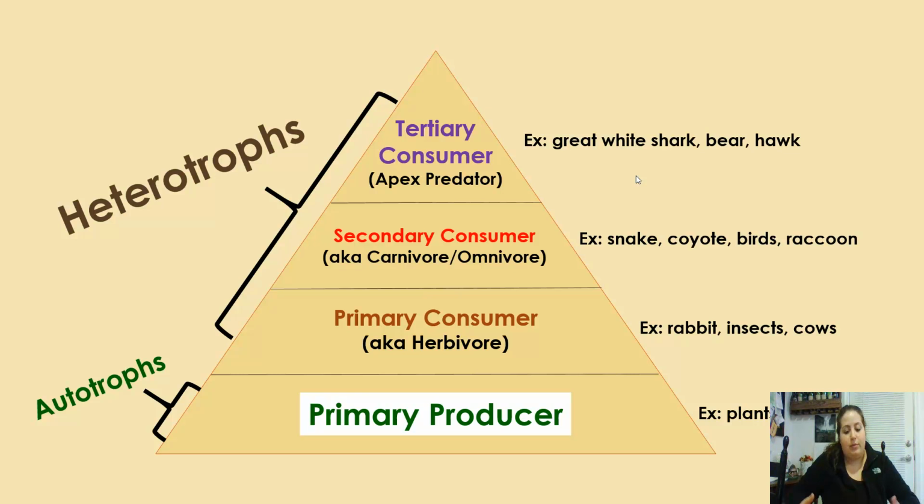But then as we dwindle down, we're losing energy in the form of heat. Because every time we move, every time we do anything inside our bodies, we're producing heat as a byproduct. Same with all of the animals and the consumers. So we're losing energy to heat, and that's why it looks like a pyramid instead of a box. Every time we move from one level to the next, we lose a little bit of energy.